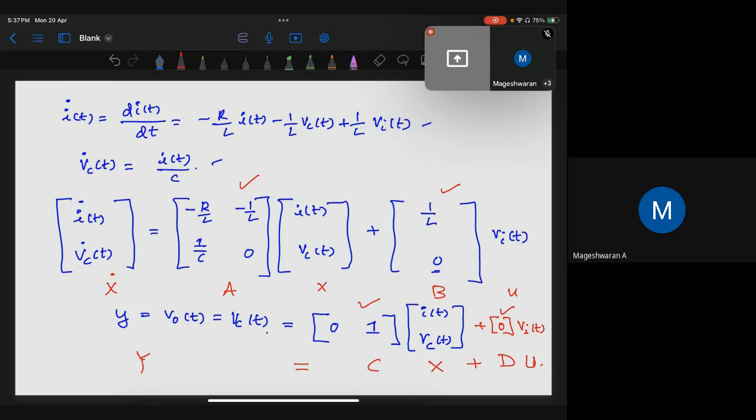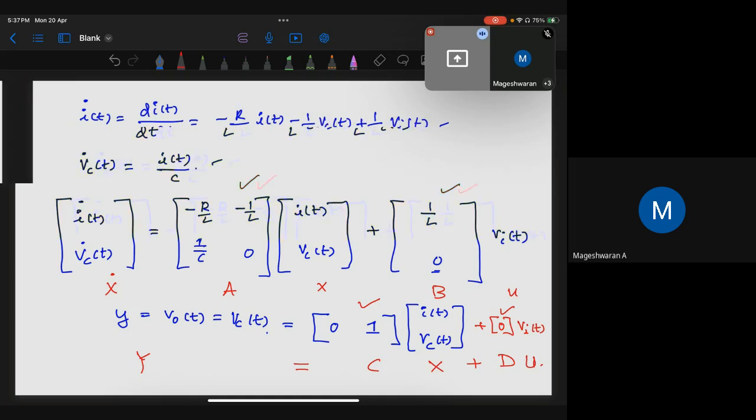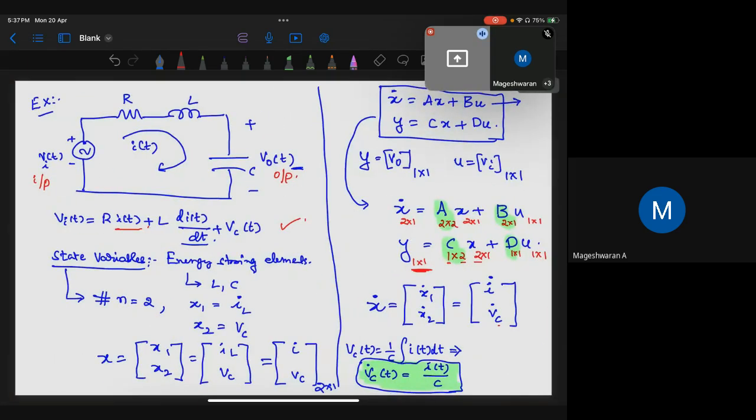First, what we need to do is write the differential equation, in this case using KVL and KCL. Then define the state variables, the number of state variables based upon the energy storing elements, and define them properly.